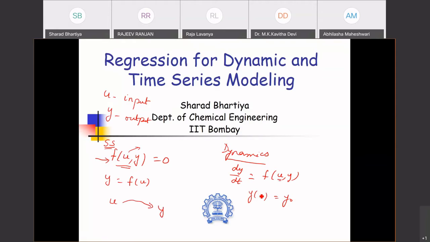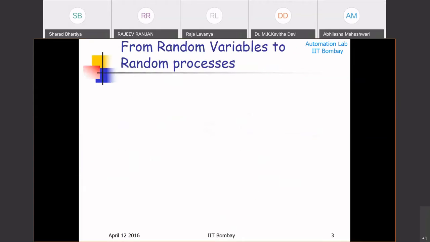But here the time t is also playing a role. So it could happen that for a given value of u, you have not just a fixed value y, but y of t, because it keeps on evolving with time. And so we want to be able to study data-driven models for such dynamic systems.